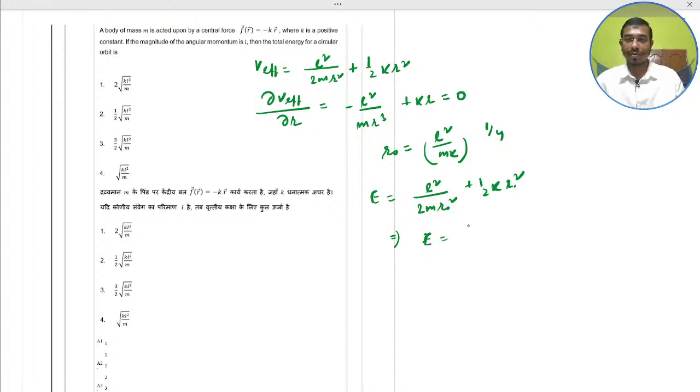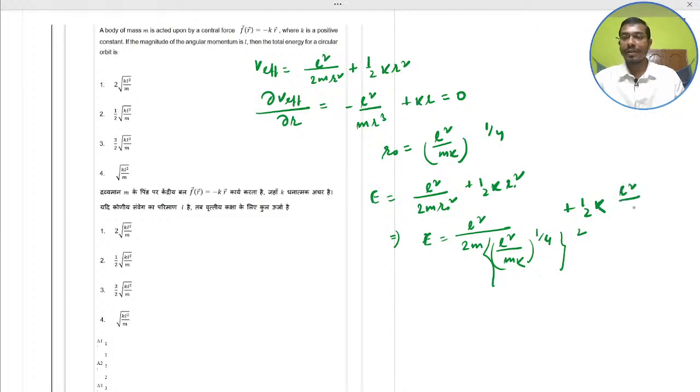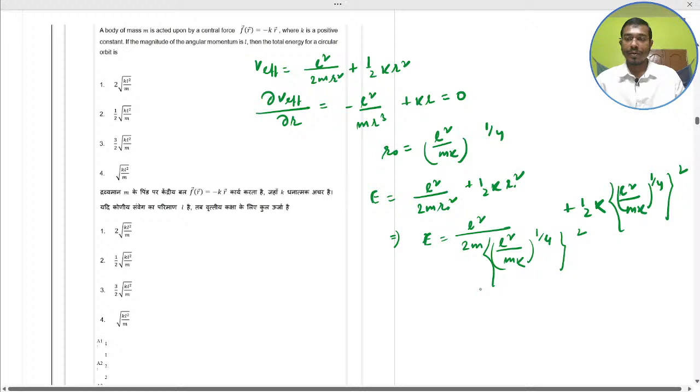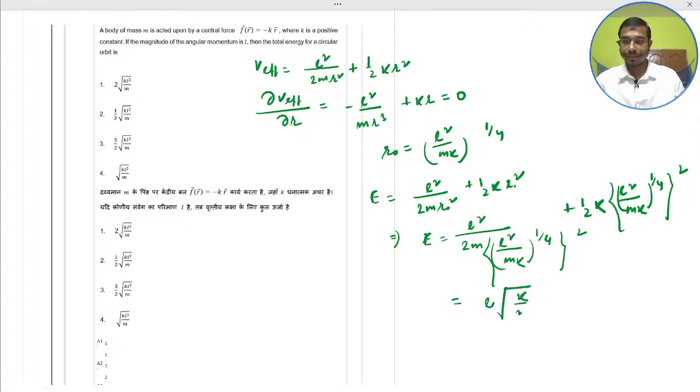Put this value of r naught, that L square by 2m r naught square means L square by mk to the power 4, whole square, okay, plus half k r square, r means L square by mk to the power 1 by 4, whole square. So this would be L root k by m. After solution, this would be the total energy.